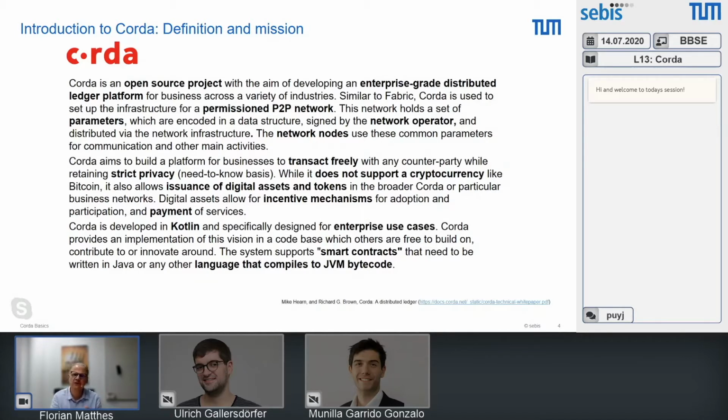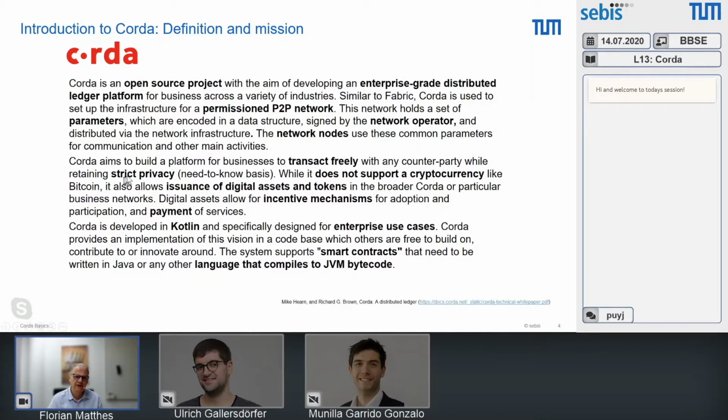So therefore, it's still this idea of sending messages back and forth, but the messages are not so much seen as messages, which are arbitrary messages, but they are more or less operations on shared blockchains. Yeah? And we will see this, how this works later.